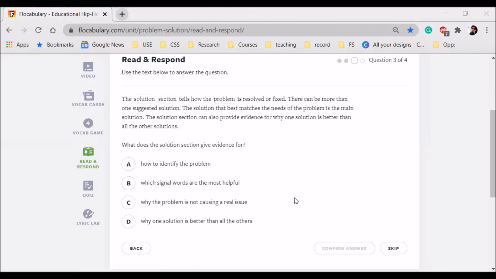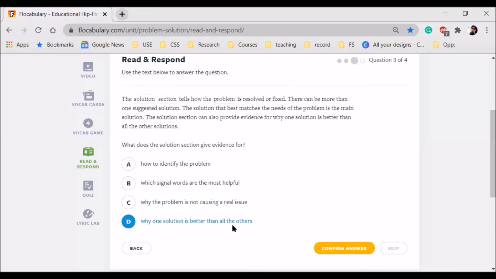Ma'am, should be C. See why the problem is not causing a real issue? The problem is causing a real issue. That's why we are proposing a solution. So the solution would not say that it's not a real problem. D, ma'am. Okay, why one solution is better than all others?